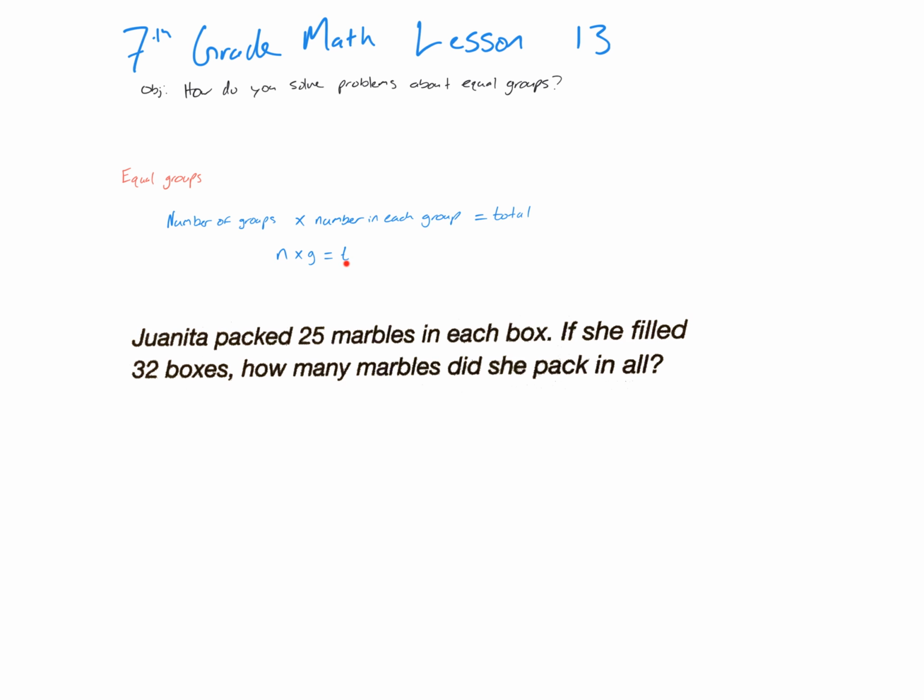We abbreviate that as n, the number of groups, times g, the number in each group, is equal to t. Here's an example. Juanita packed 25 marbles in each box. If she filled 32 boxes, how many marbles did she pack in all? 25 marbles in each box is the number in each group, or that g.